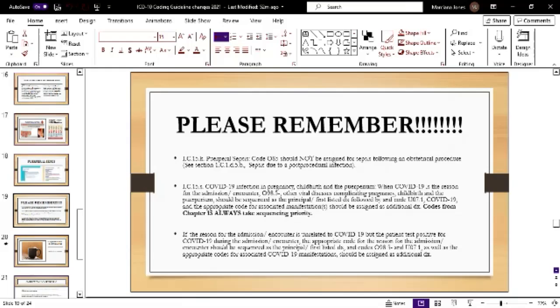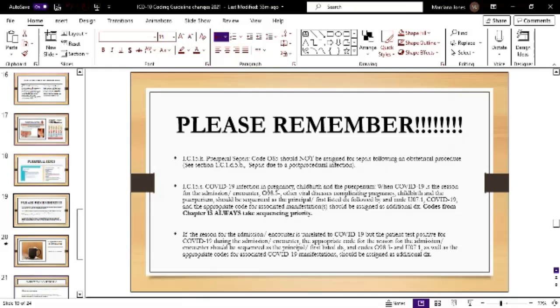And the appropriate code for the associated manifestations should be assigned as additional diagnosis. Now remember, codes from chapter 15 always take sequencing priority.